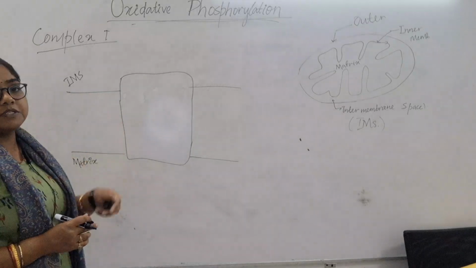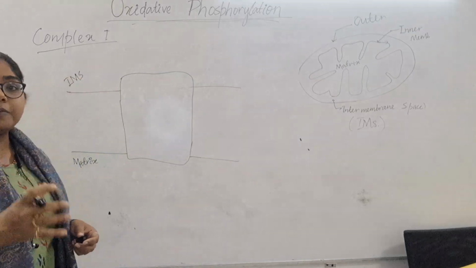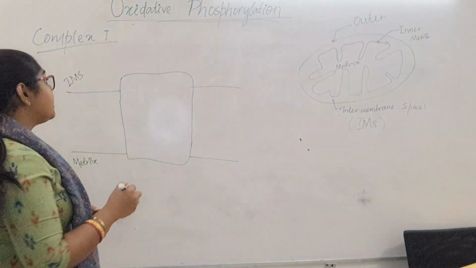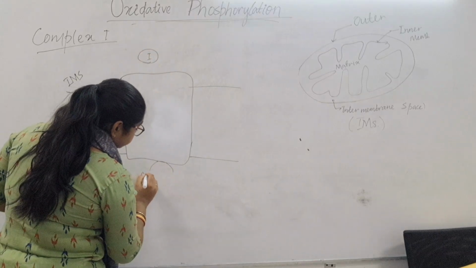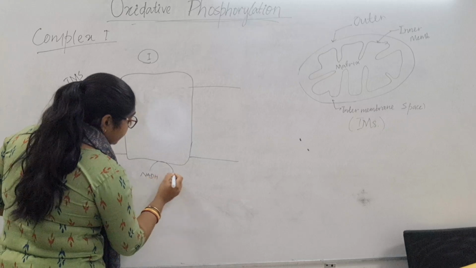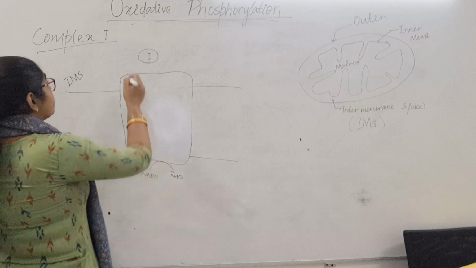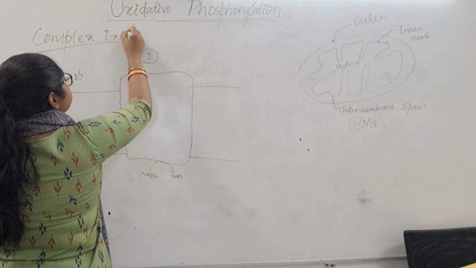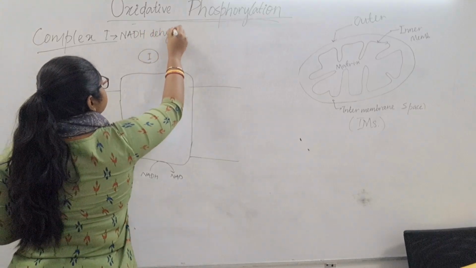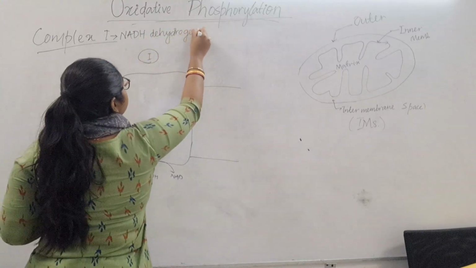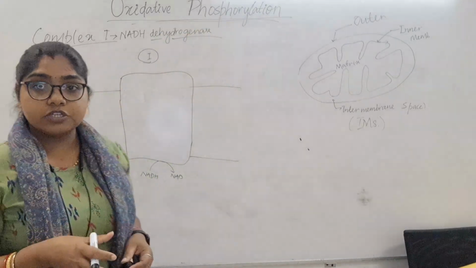NADH and FADH2 will be used for ATP synthesis. In complex 1, they will use NADH to produce NAD. Complex 1 is also known as NADH dehydrogenase. As the name suggests, a dehydrogenation process takes place.